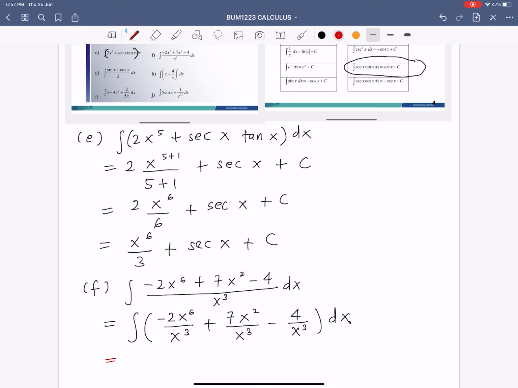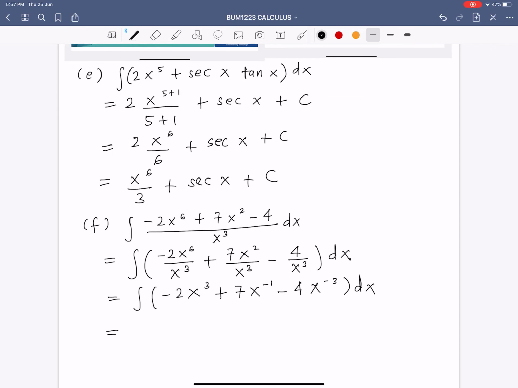Now, before we can integrate, we will simplify this first, so this equals the integration of negative 2x power of 6 minus 3 is 3, so negative 2x cubed, plus 7x power of 2 minus 3 is negative 1, so 7 times x power of negative 1, minus 4x power of negative 3 dx.